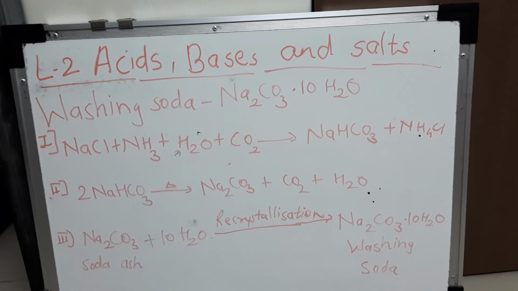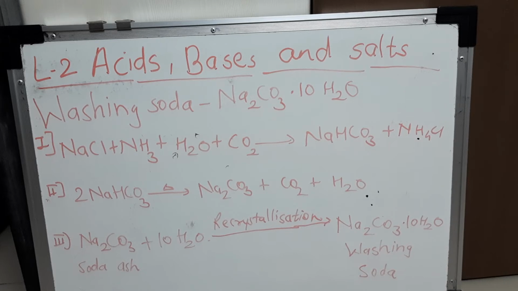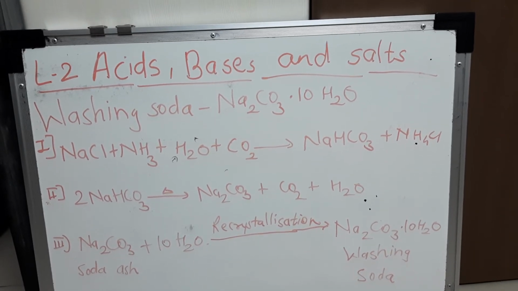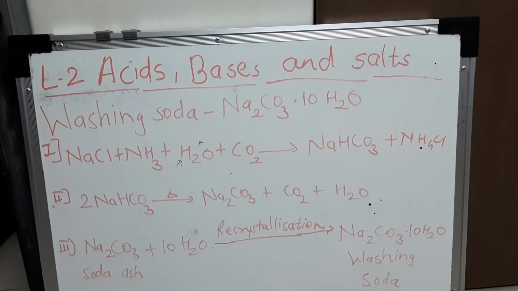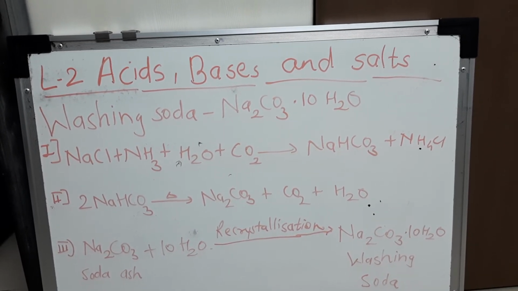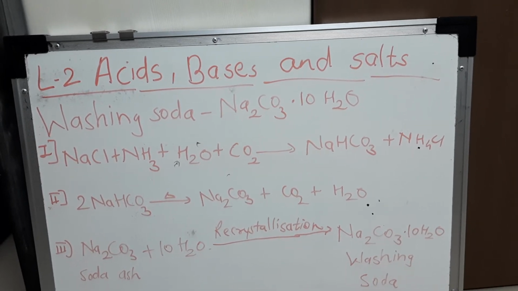Let's see the steps of the production of washing soda. In the first step, what happens? A cold and concentrated solution of NaCl called brine is reacted with ammonia and carbon dioxide to obtain sodium bicarbonate.